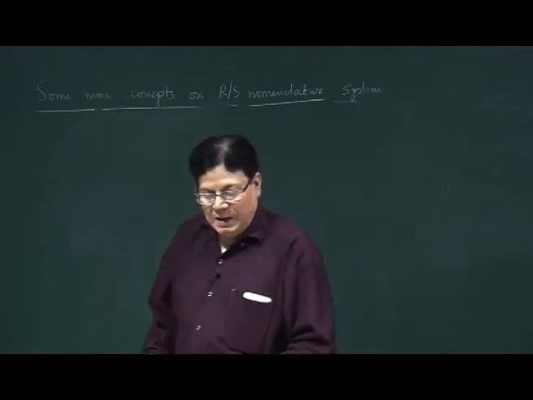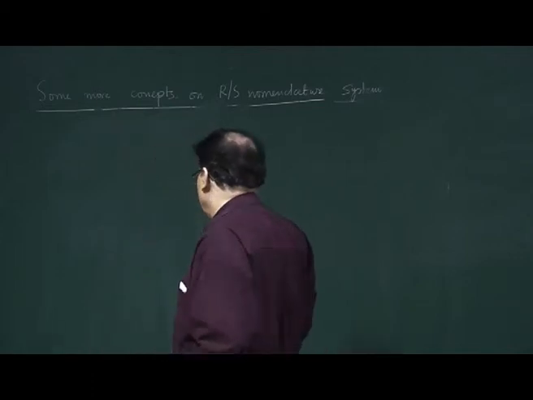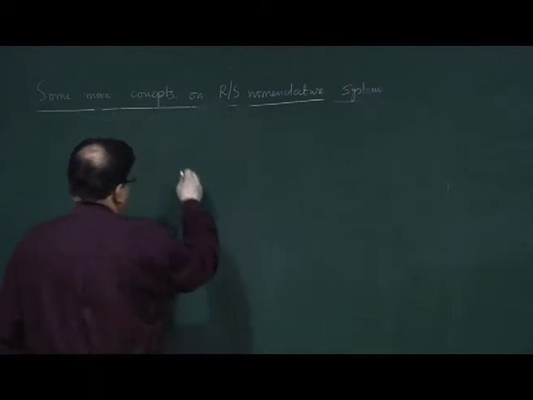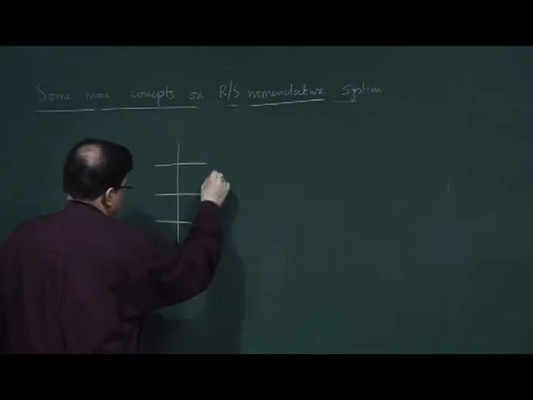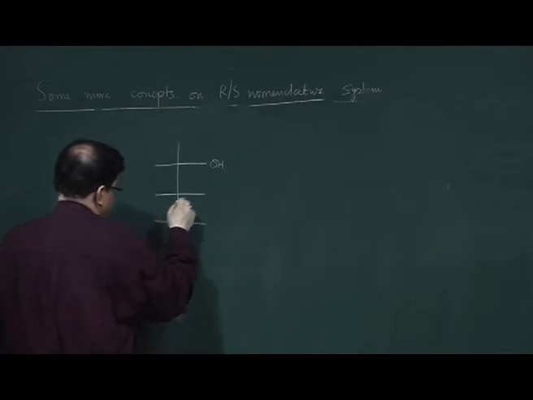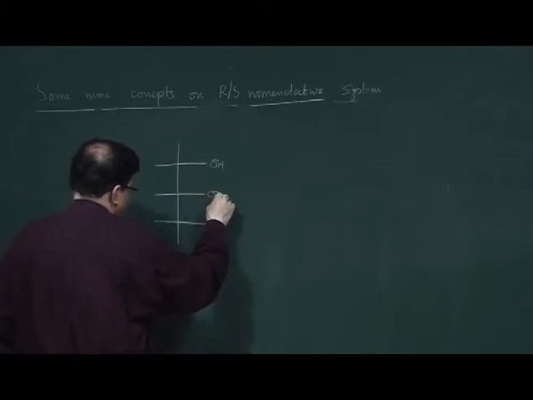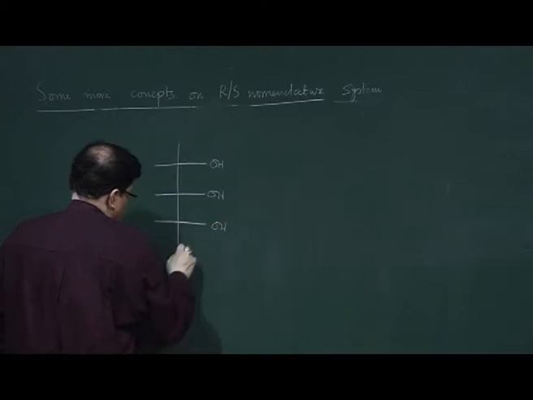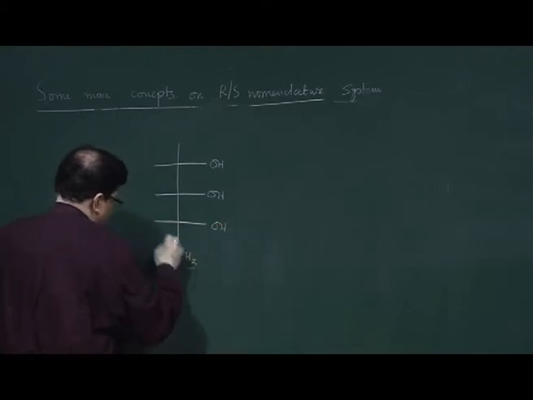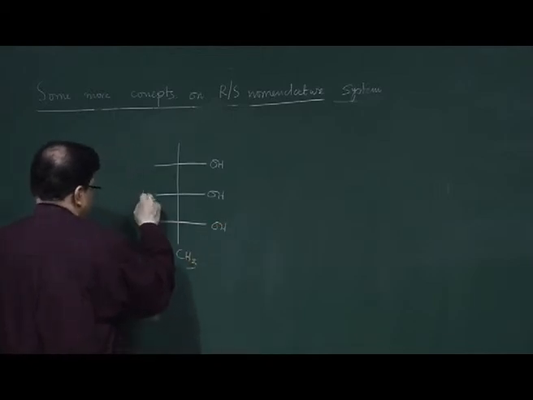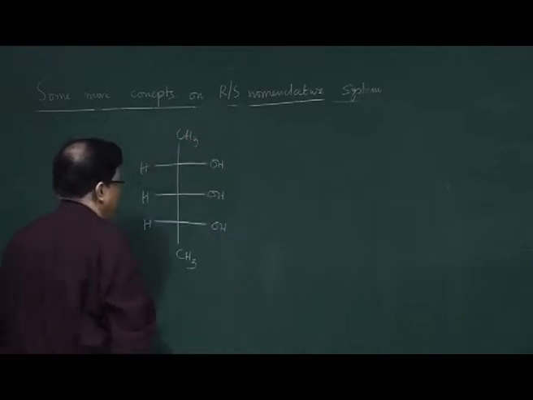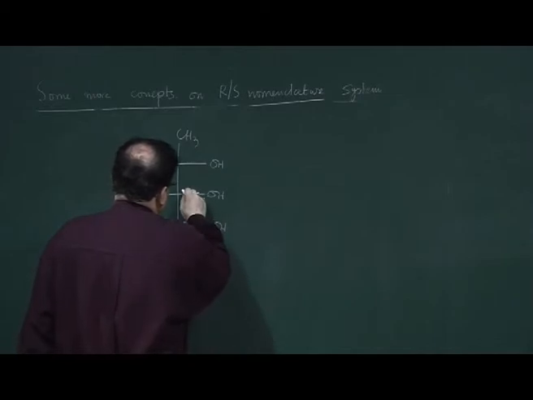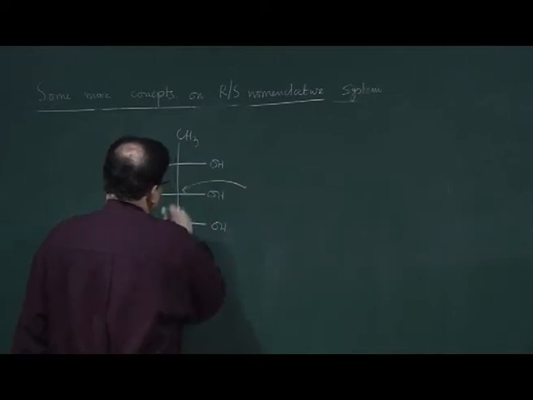One more concept I think we should also tell, that suppose I have a system like this, where there are 3 wedges, and this molecule I ask you to assign the configuration here.